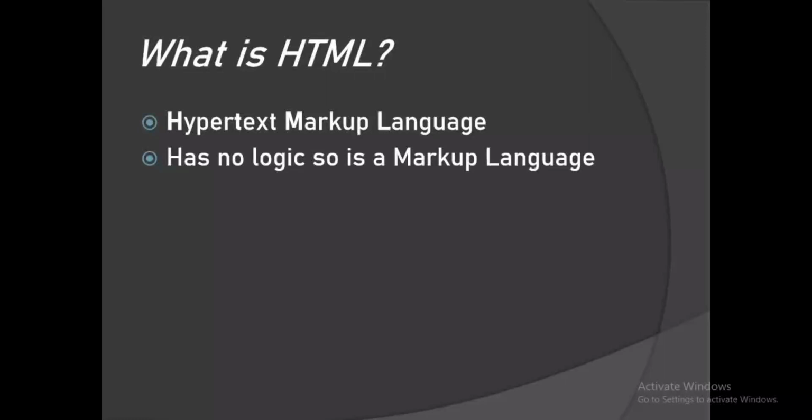But the truth is, HTML and CSS are not programming languages, they are markup languages. They are so basic, they require no logic at all. When we dive into the coding section of this video, you're going to really understand what I mean. So HTML has no logic, so it is not a programming language, it is a markup language.